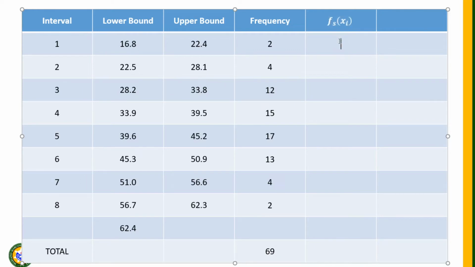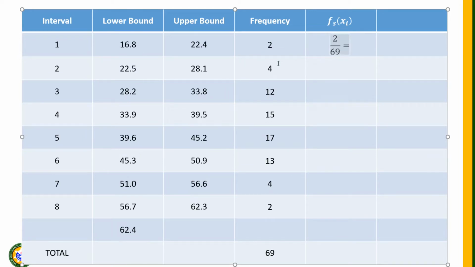This is just the ratio of the frequency divided by the total number. So this is basically 2 over 69, or in decimal, this is 0.0290, to 4 decimal places.